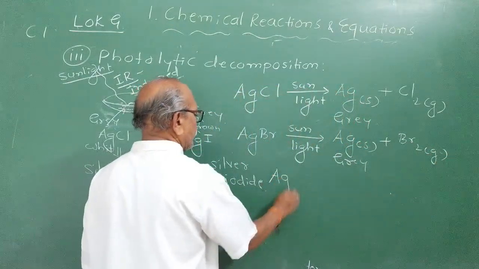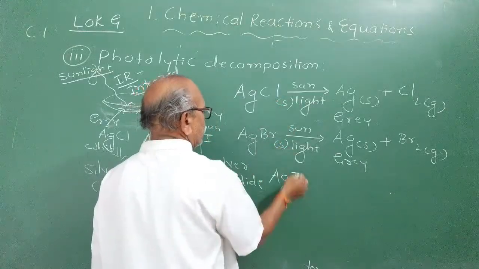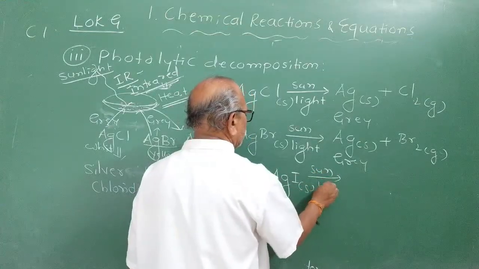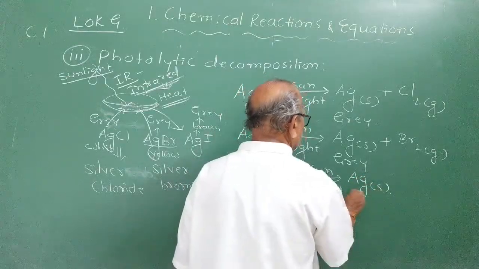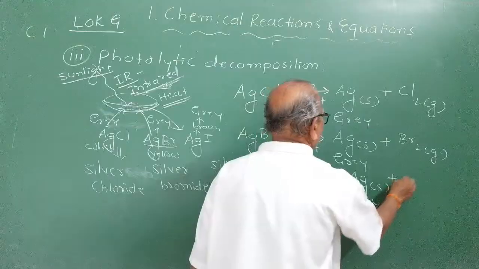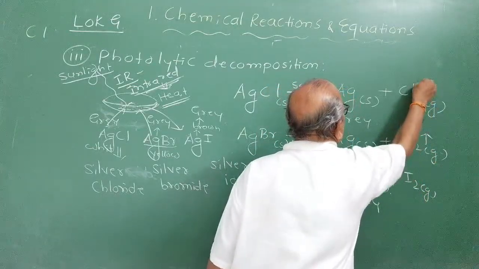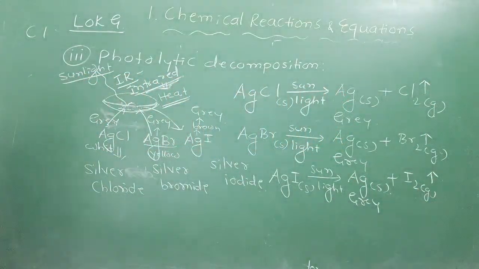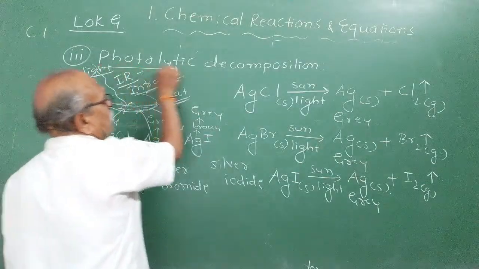Similarly, silver iodide, it is also solid, and in the presence of sunlight, write the reaction, it forms gray colored solid silver, liberating iodine gas, arrow mark upwards. Completely write the reaction with physical state, color, etc. And all these reactions are called photolytic decomposition.